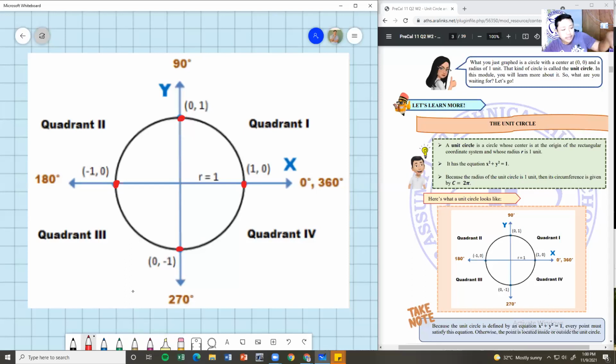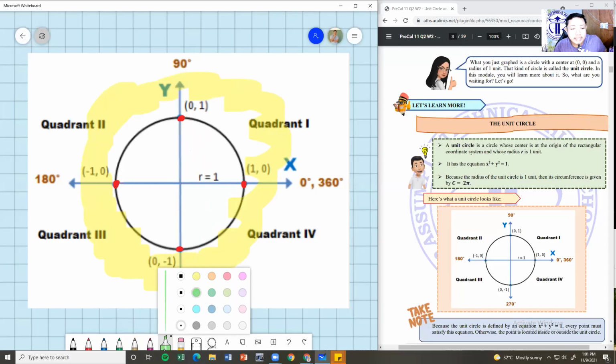Okay, now there are lots of points around the circle. There are points that may come outside the circle, inside the circle, and on the circle. The points that lie outside are the points that lie here outside of the circle.